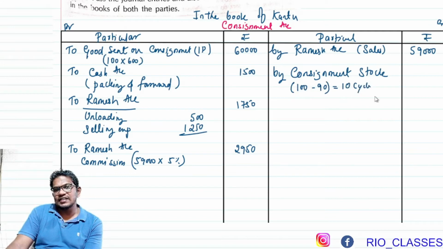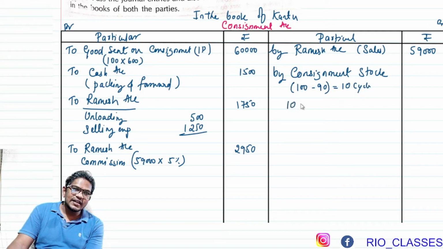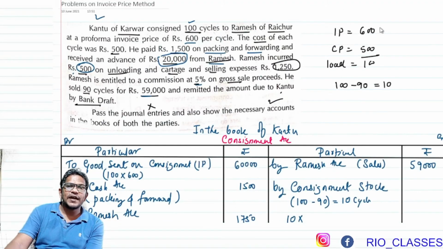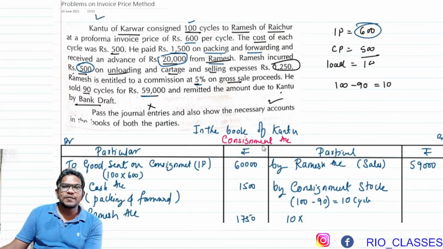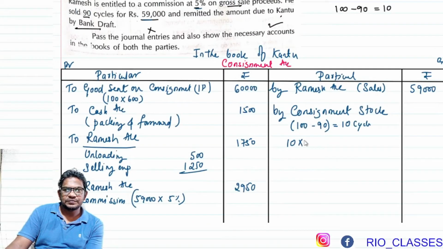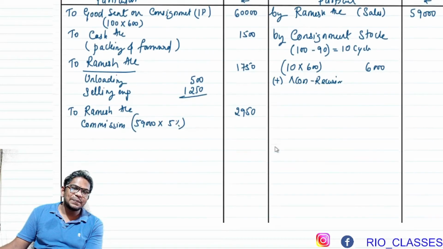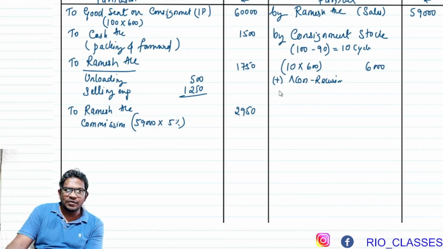So 10 cycles multiplied by the invoice price of 600 is 6,000. Plus, we should add proportionate non-recurring expenses. You can do it in a working note also, but since the problem is very simple, I'll do it from here.